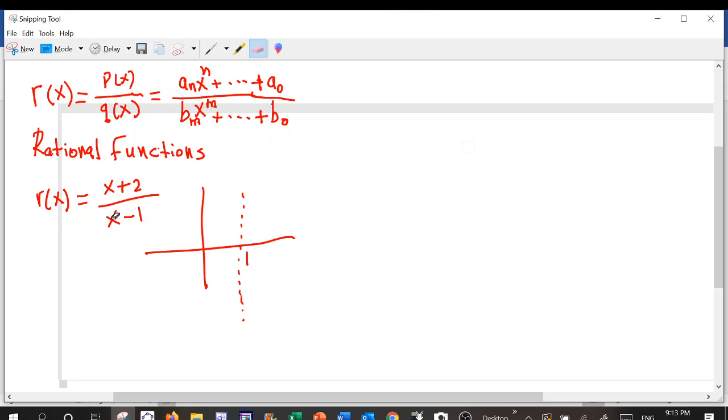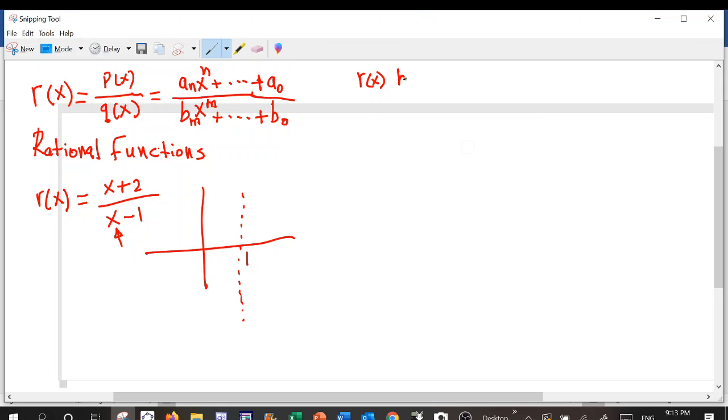So if there is an expression here that makes the denominator 0, then those values that make the denominator 0 will create what? Vertical asymptotes. So we're going to write here that r of x, when I say r of x, I mean this.